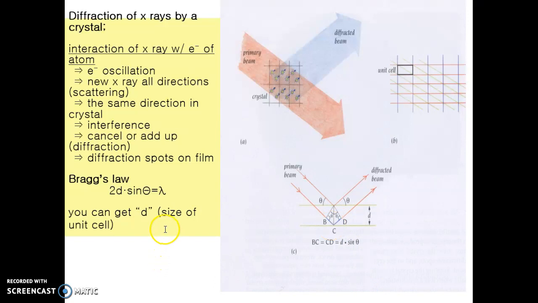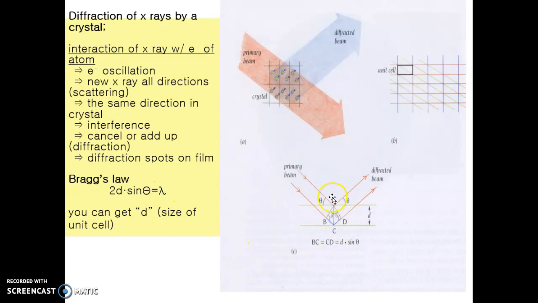Bragg's law relates 3 things in this diagram: the distance between 2 lines, d, the angle of incident light to the lines, theta, and also the wavelength of incident X-rays, lambda. The relationship between them is 2d times sine theta equals lambda.